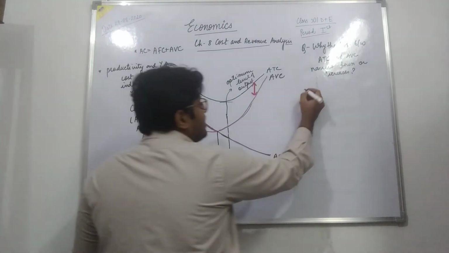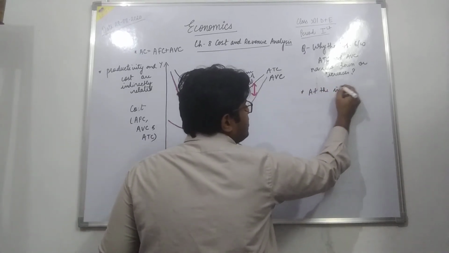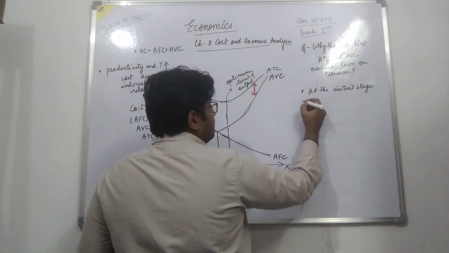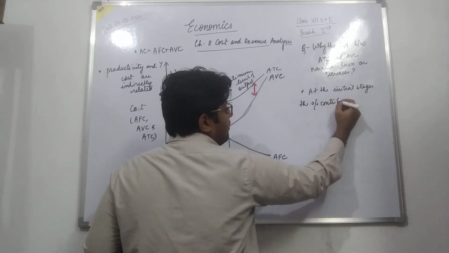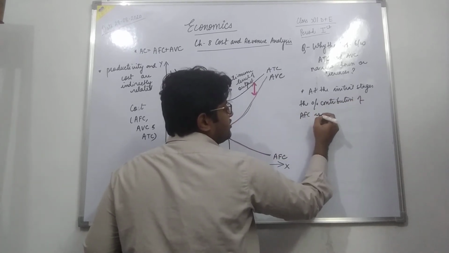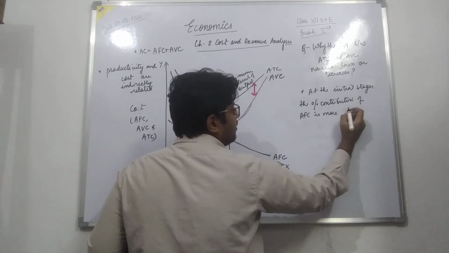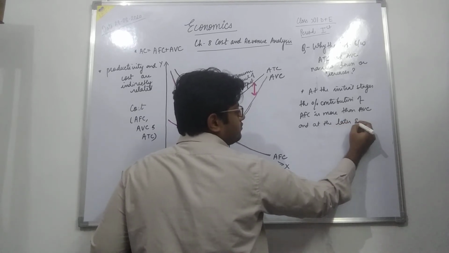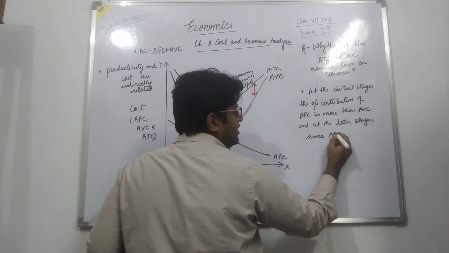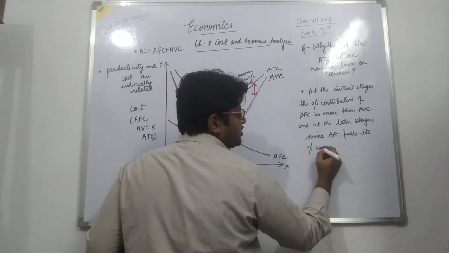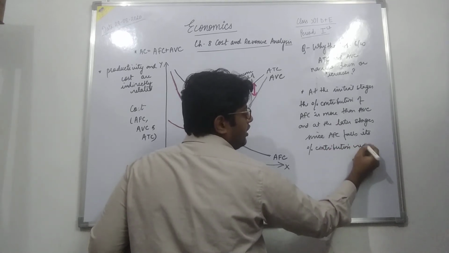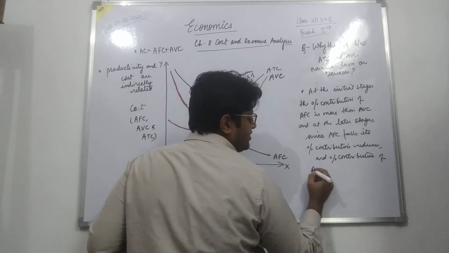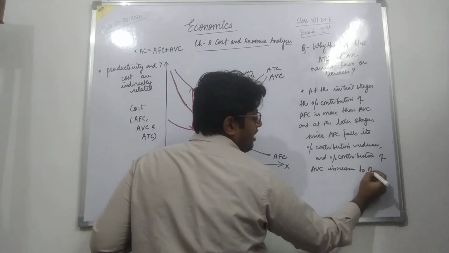Okay. At the initial stages, the answer you can write is: at the initial stages, the percentage contribution of AFC is more than AVC, and at the later stages, since AFC falls, its percentage contribution reduces and the percentage contribution of AVC increases in the average total cost.